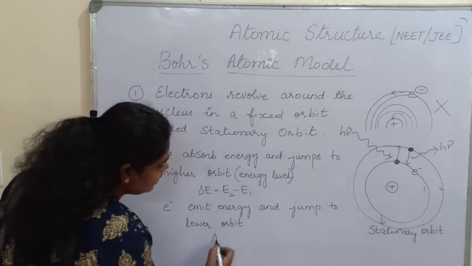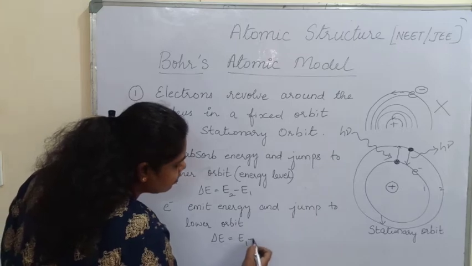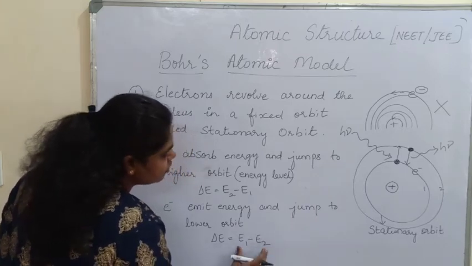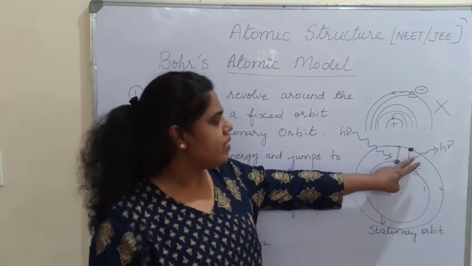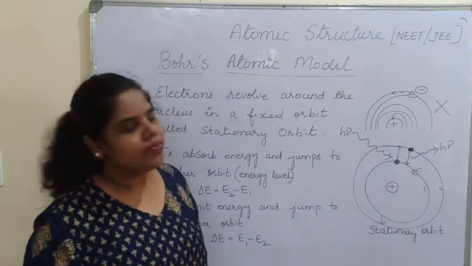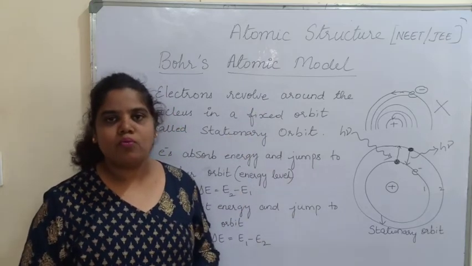Here delta E is equal to E1 minus E2. The difference in energy is how much energy is given away by the electron. This is the second point said by Bohr's atomic model.